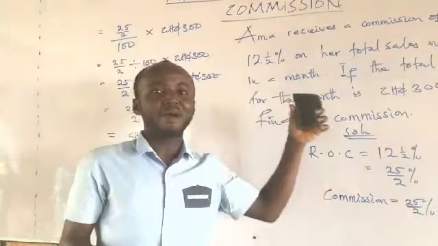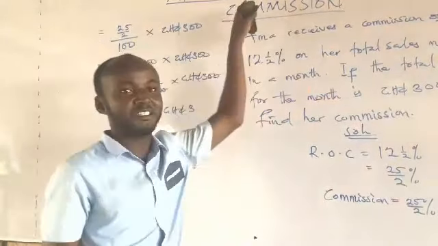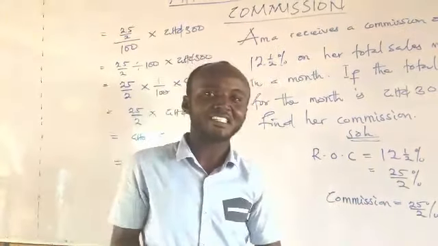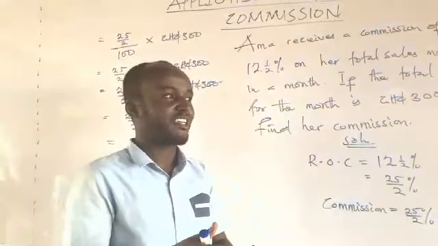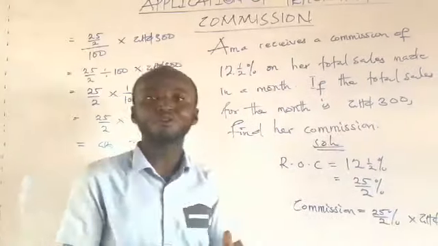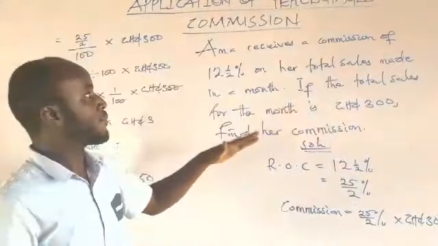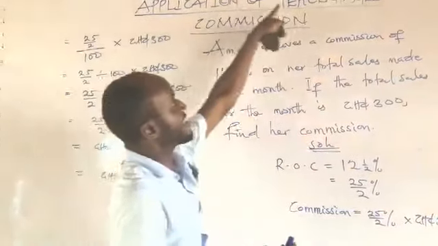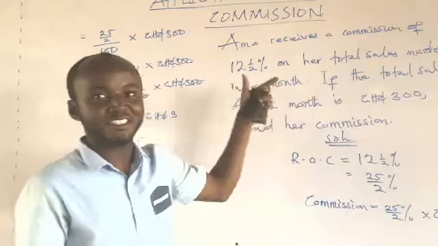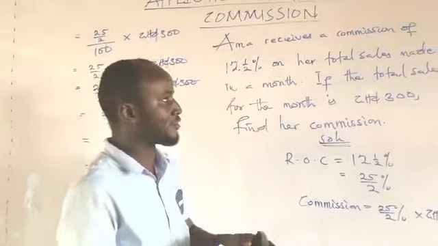We have other methods by which we can evaluate or solve for commission by applying the idea of proportion. In our next lesson, we will look at how to apply proportion in solving commission. That one, we are not going to make use of any formula, but we are going to apply proportion. So in proportion, you are going to look at the percentage aspect of it. The commission will be equivalent to the rate of commission in that lesson. So watch out for it.